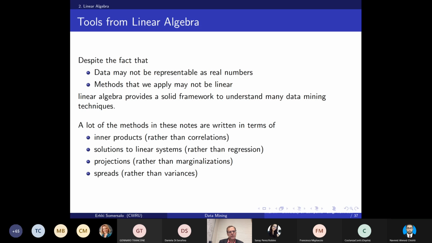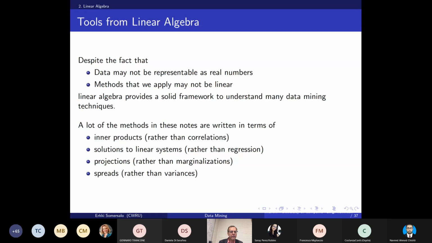We are not talking about marginalizations in the sense of probability densities. We are projecting data. So we are ignoring some of the components by projecting the data vectors to lower dimensional subspaces, and you can say that this is similar to marginalization in statistics.